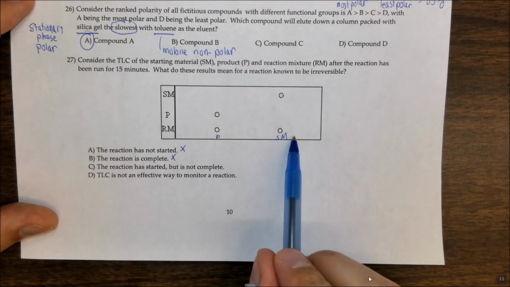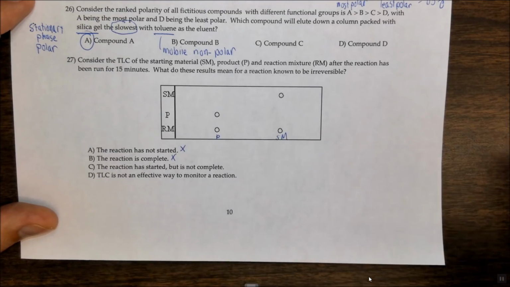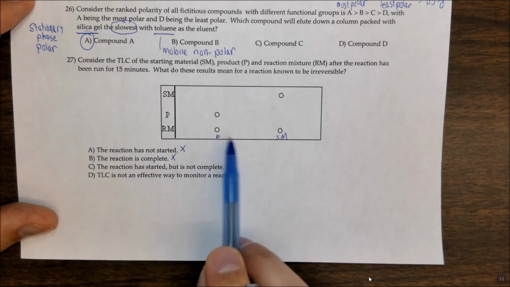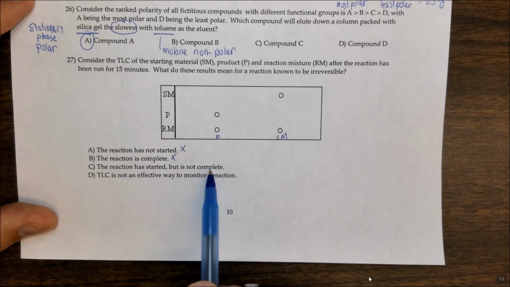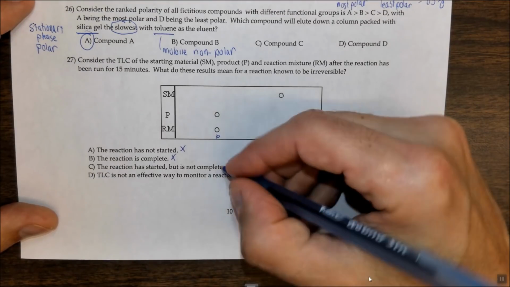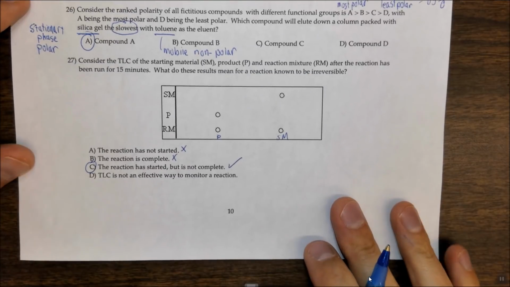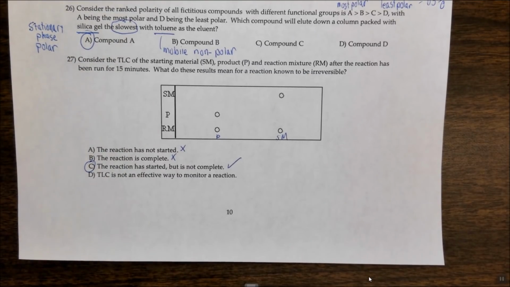So since I do see starting material for an irreversible reaction, we know the reaction is not complete. The reaction has started. Yes, I see some product, but it is not complete. Yes, I see some starting material. That is the answer. And then the last answer is TLC is not an effective way to monitor a reaction. When in fact, exactly as described here, TLC is an extremely effective way to monitor a reaction, and you had one experience with this this semester.